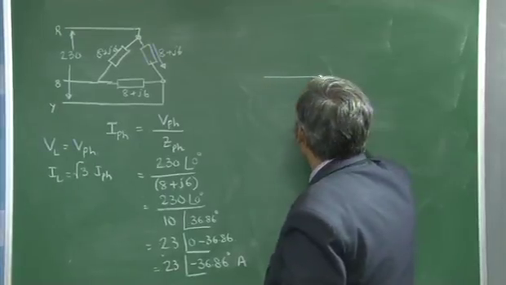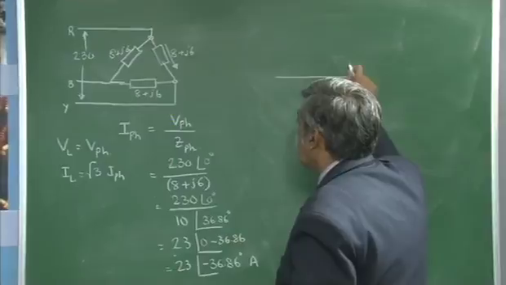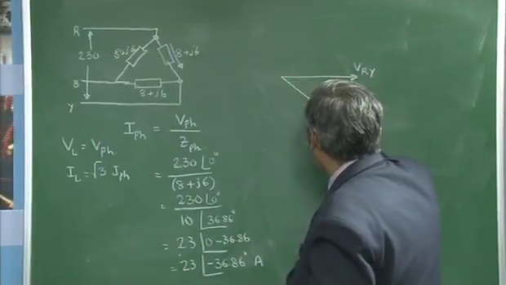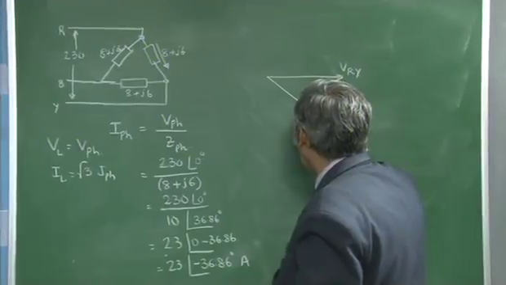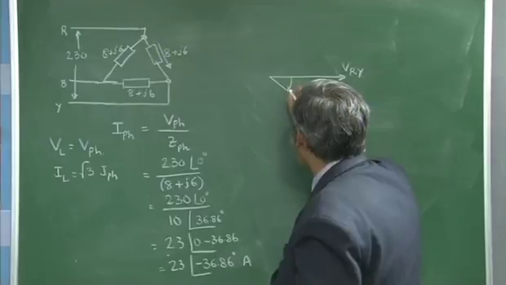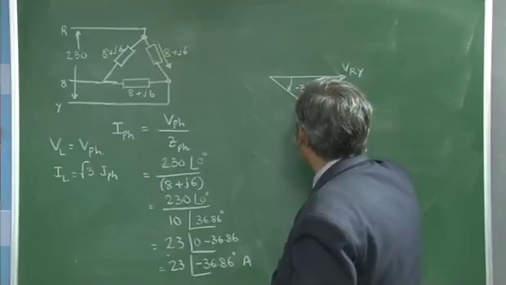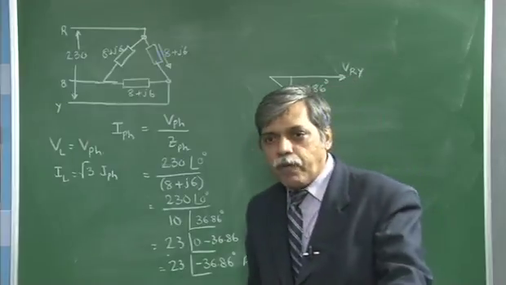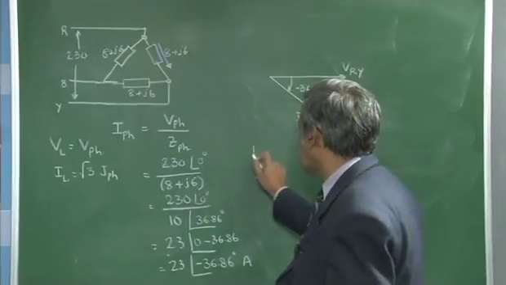You can see here I am taking V_RY, the line voltage, as reference. The current has a magnitude of 23 amperes, lagging behind the voltage at an angle of 36.86 degrees. Now to calculate the power consumed, I make use of this equation.